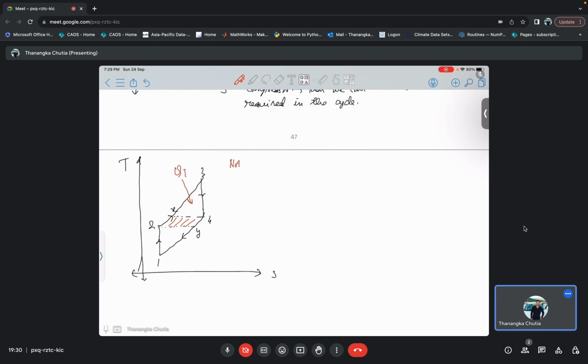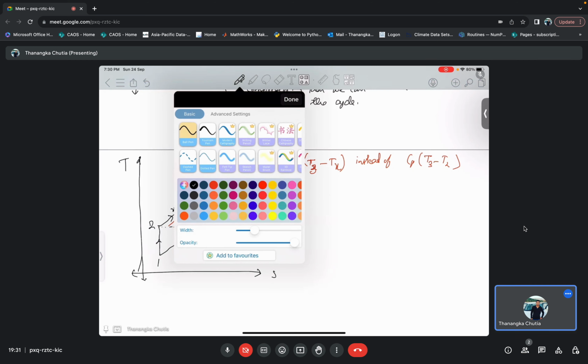Note Q1 is equal to now Cp (T3 minus Tx) instead of Cp (T3 minus T2). So that means instead of Cp (T3 minus T2), now we are doing this for T3 minus Tx. Now in the ideal regenerative case, what happens?